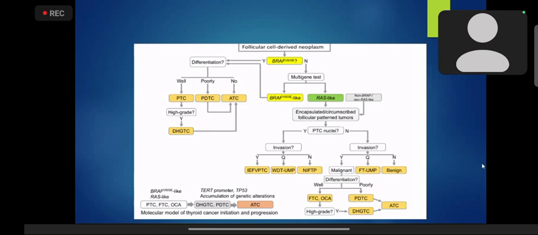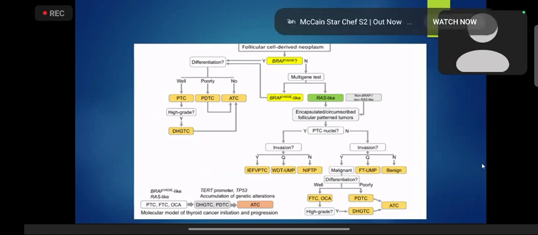Okay, so it's important to know how each of these tests will be done and what tissue it can be performed on.